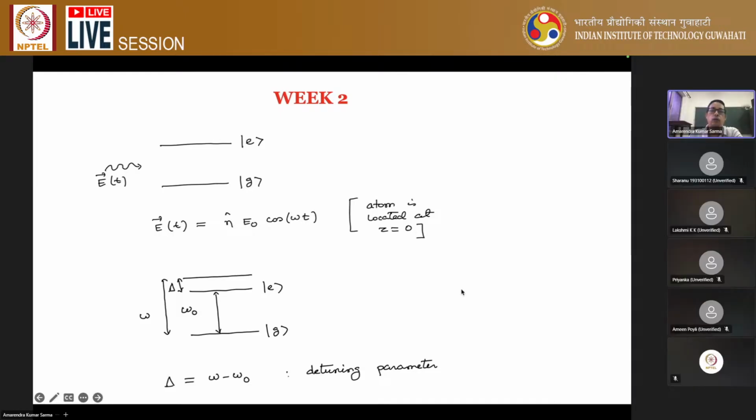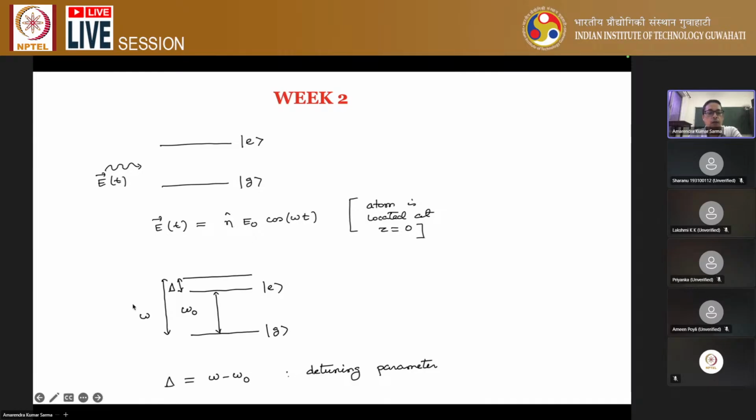And in the second week we started discussing how the atom interacts with classical light, and that was the semi-classical approach. Here the electric field of the laser radiation is taken to be linearly polarized, and it has amplitude E0 with frequency omega.